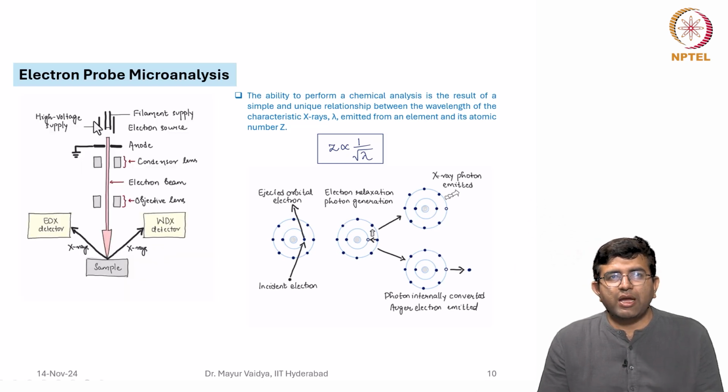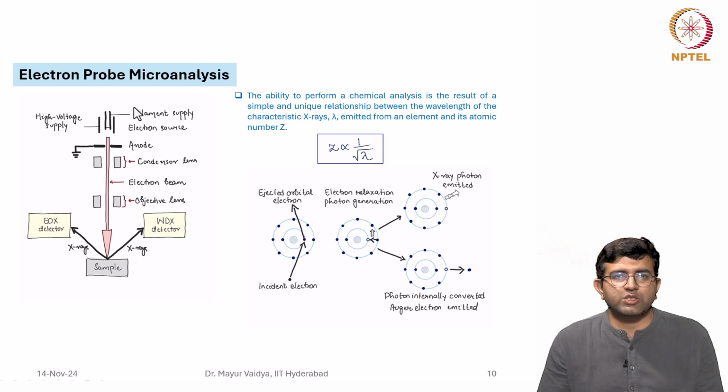This is the schematic of EPMA optics, which is very similar to what you have for SEM. You have an electron source which gives rise to an electron beam. The energy of the beam depends upon the type of source that is used.